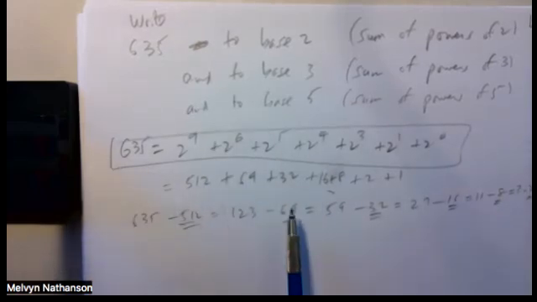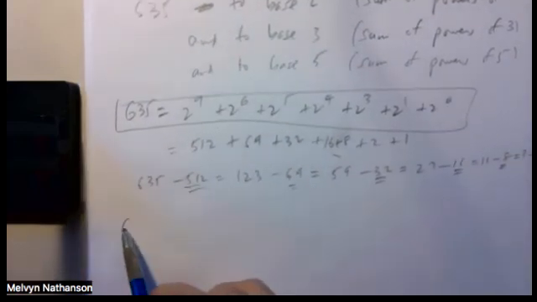So that's correct. What about if we try to write 635 to base 3? We have the powers of 3: 1, 3, 9, 27, 81, 243, 729. So you can actually use 243 twice, I think. But anyway, can someone tell me how you expand 635 to base 3?